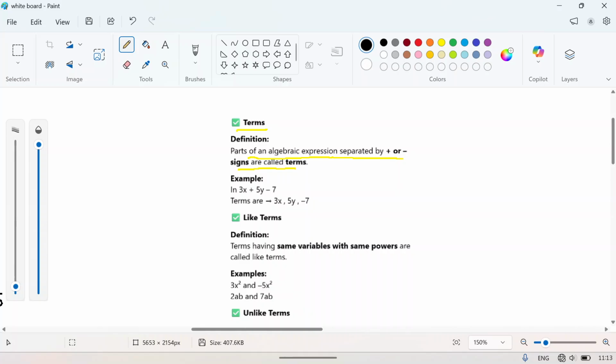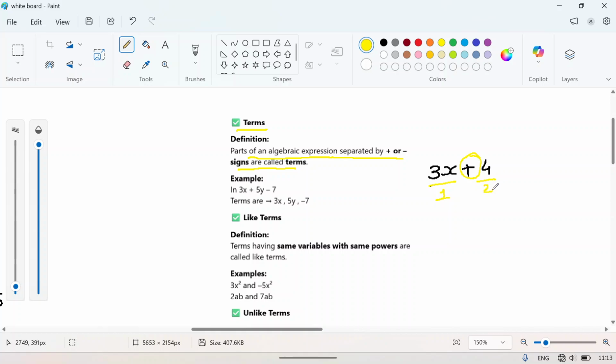Let's take one example, 3x plus 4. Here the parts of the algebraic expression, 3x and 4, are separated by the operation plus.